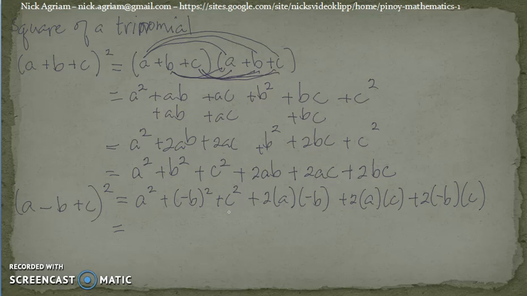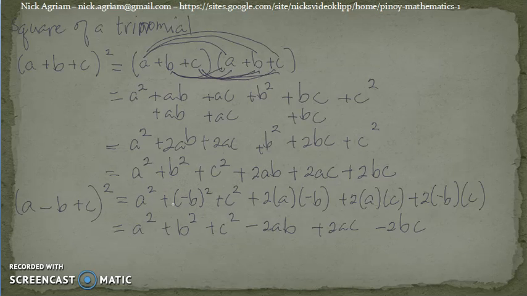Then you can see that the product will be a squared plus b squared plus c squared, because negative multiplied by negative is positive. Then we have minus 2ab plus 2ac minus 2bc. So it doesn't change actually.